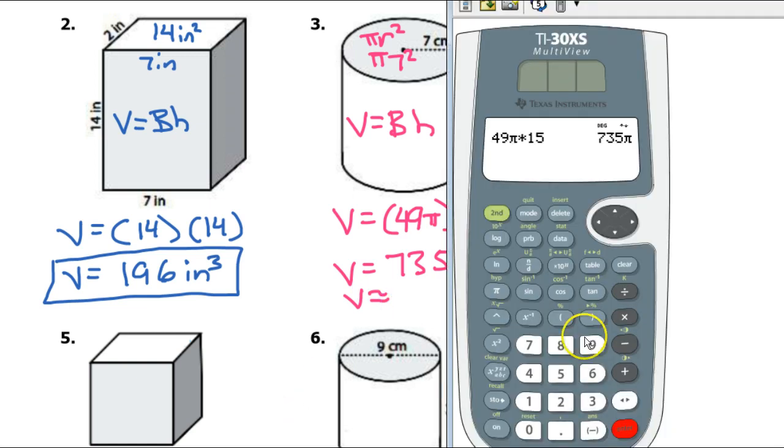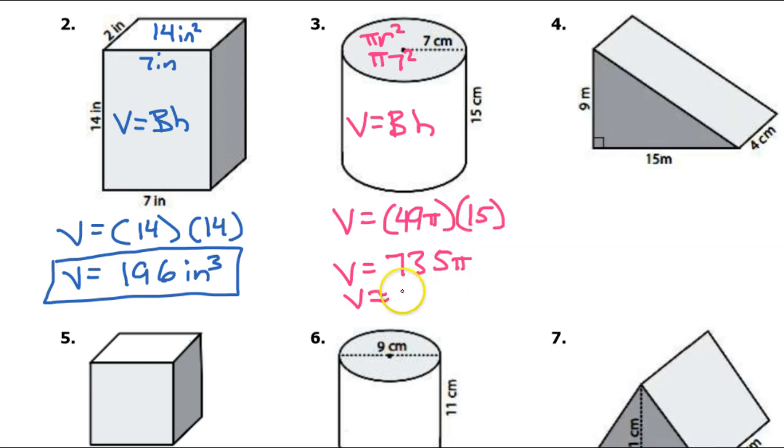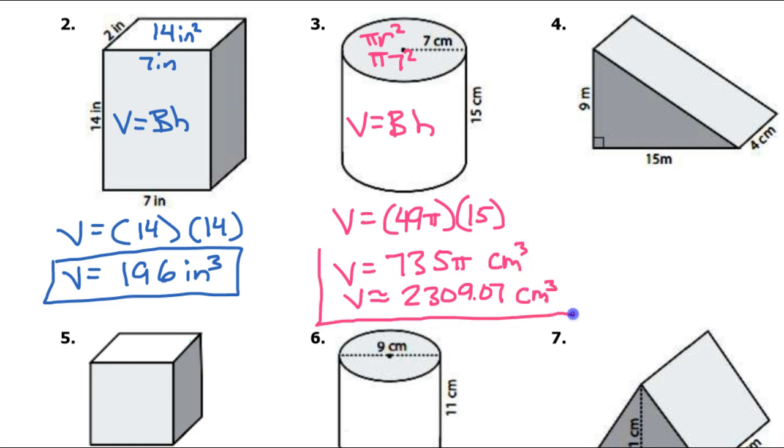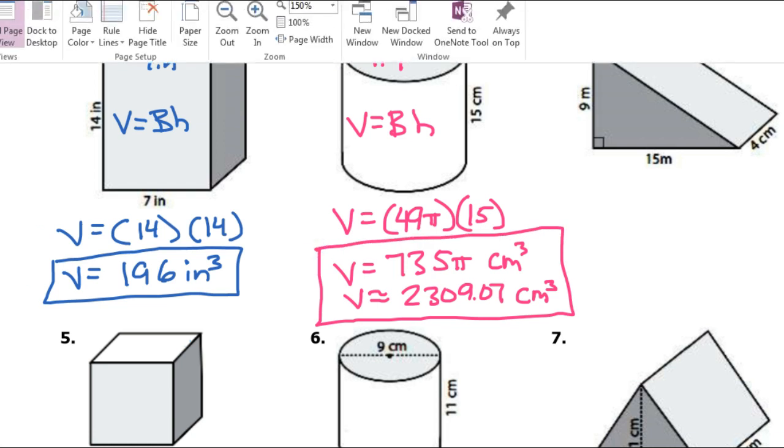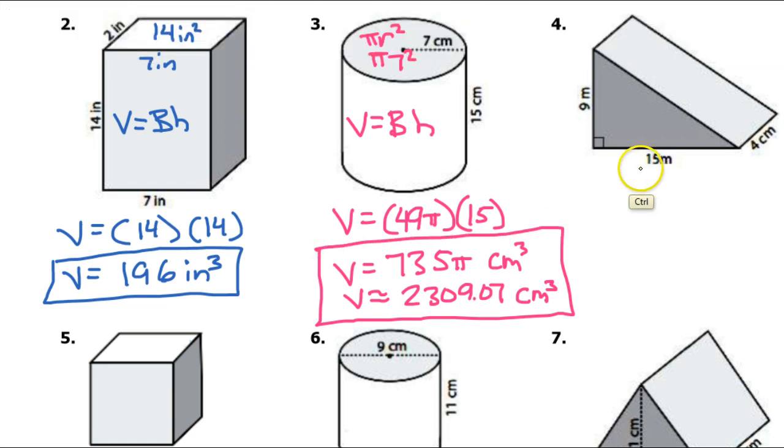Okay, now if that's exact, if we want the decimal approximation, 2,309.07. And this will be cubic centimeters, so centimeters cubed. All right, let's switch over to problem number 4.